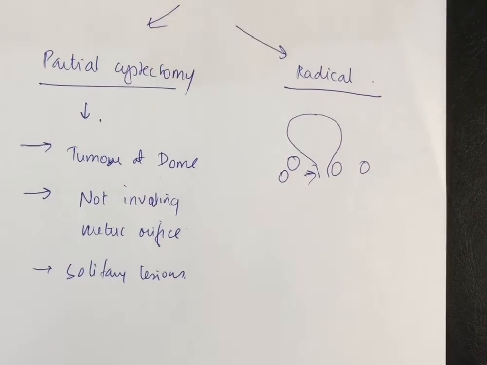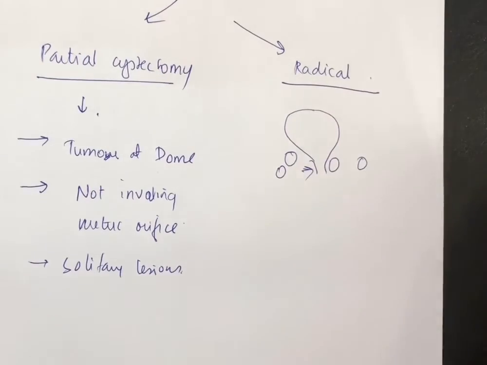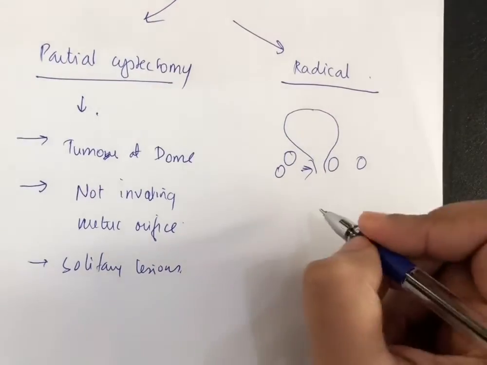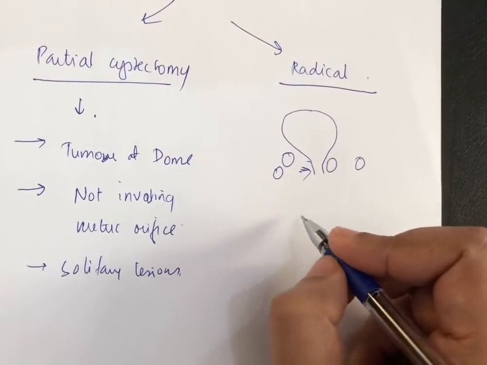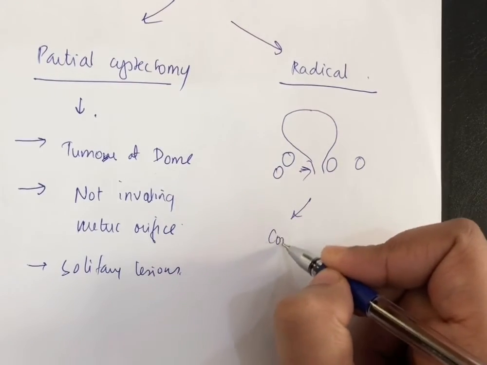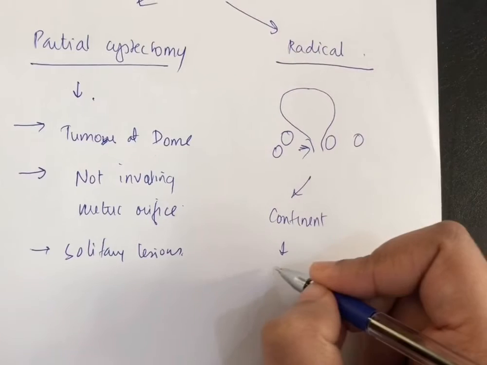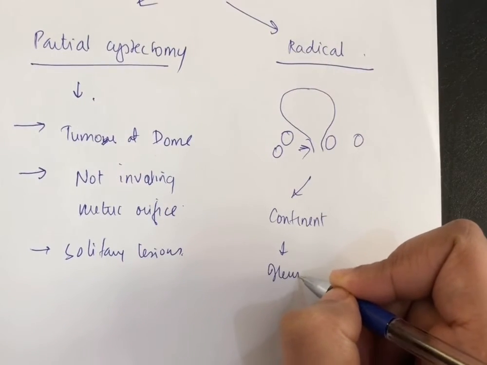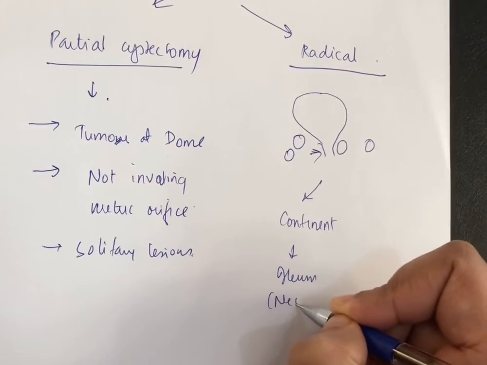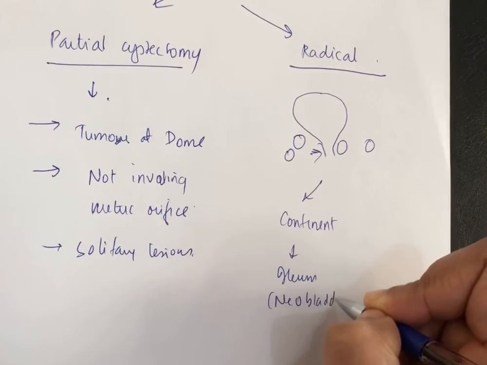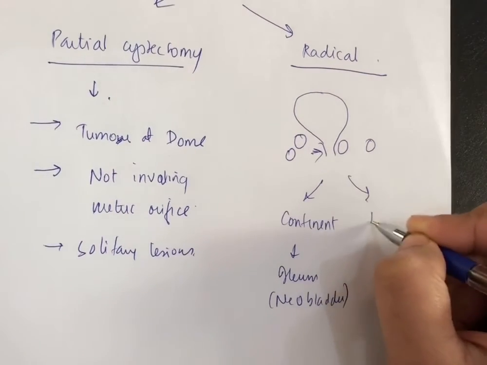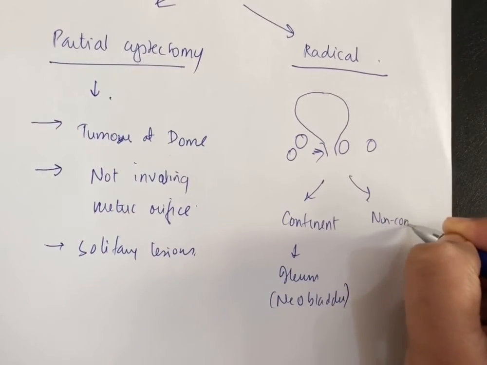You have to remove all of that, followed by urinary diversion. There can be continent and non-continent. Continent is if you form a new bladder via the ileum, a neobladder. The most common you will do is the non-continent.